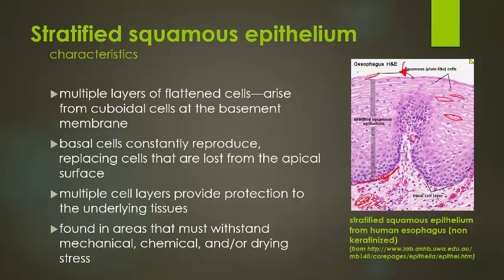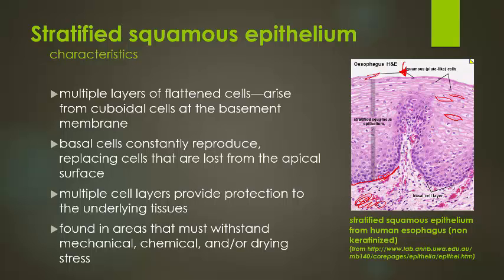Then they will die, and eventually they flake off. And so this, in the esophagus, helps to protect the esophagus from damage as we swallow a bolus of much drier or rough, scratchy foods. So these stratified squamous epithelia are primarily about protecting the underlying tissues.